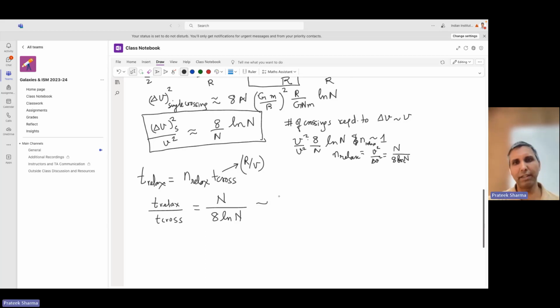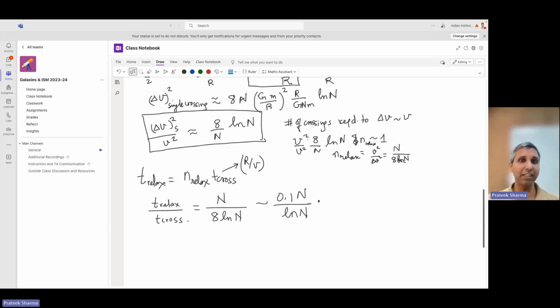Or you can write it as 0.1 n by log n. Now, this is a very handy thing. It tells you beforehand when you have to worry about two-body relaxation, when not. For example, the Milky Way galaxy has about 10 to the 10 stars, right? N is huge. The crossing time for the Milky Way, the orbital time of the sun around the center of the galaxy, is around 200 million years.